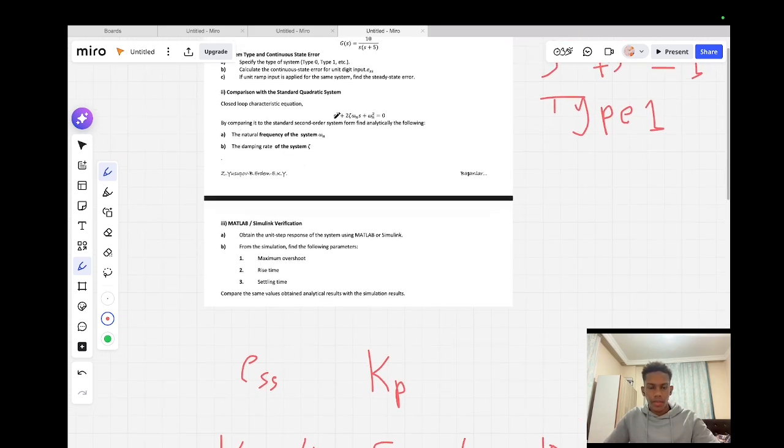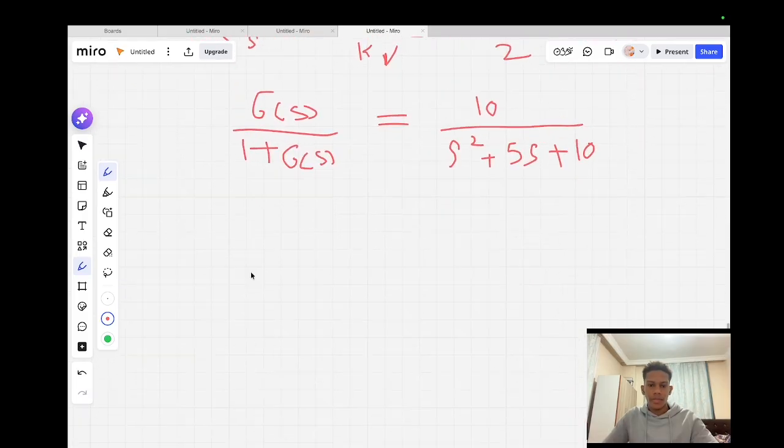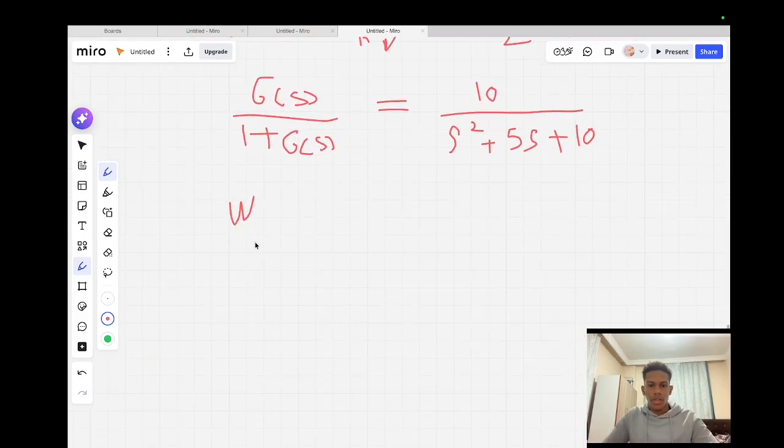And here we have the standard form: s square plus 2 times the damping ratio multiplied by the natural frequency s plus the natural frequency square equals 0. We need to find the natural frequency of the system and the damping ratio. Here directly, the natural frequency square equals 10, so omega n equals square root of 10.